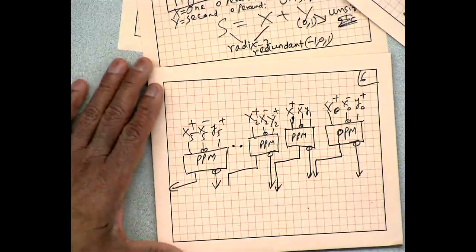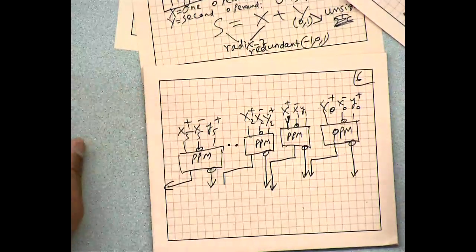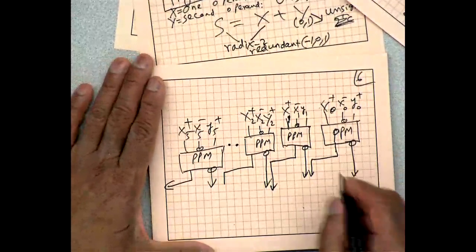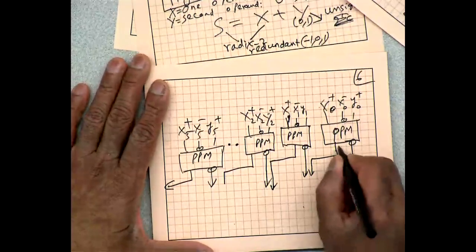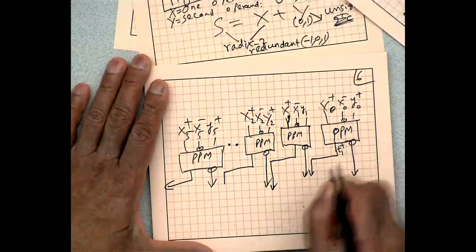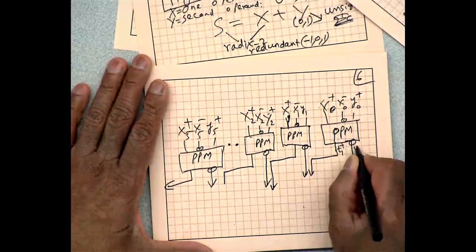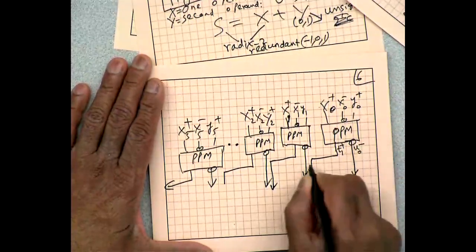Okay, so what we are showing here, so let's call these things, let's call this T1 plus and U0 minus.